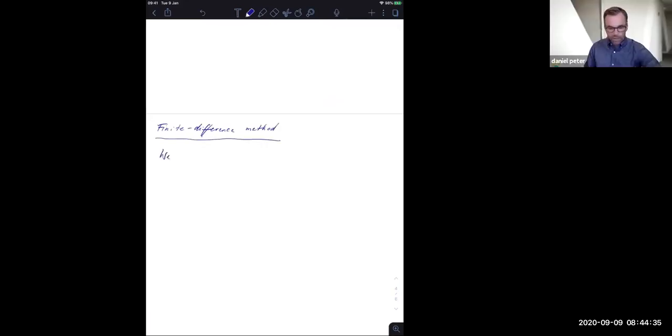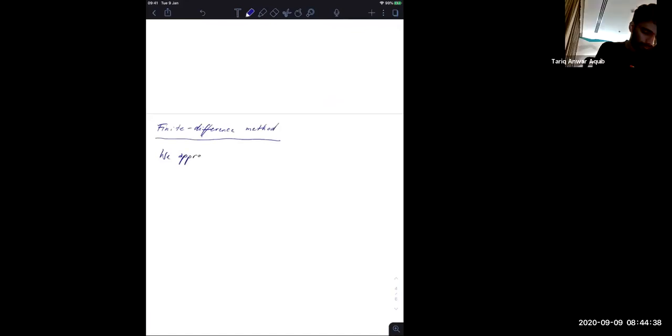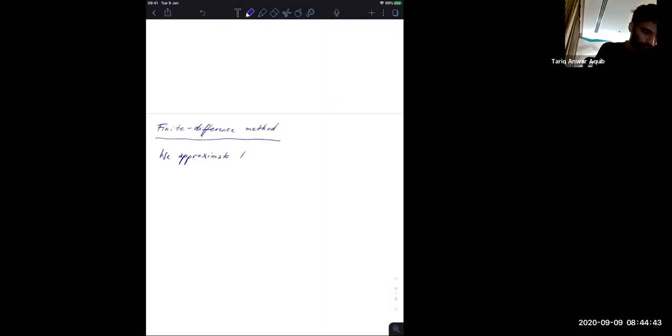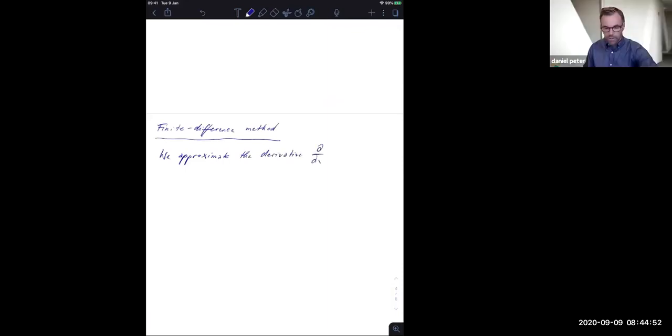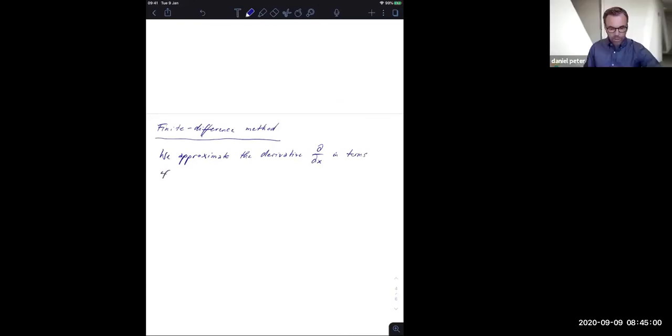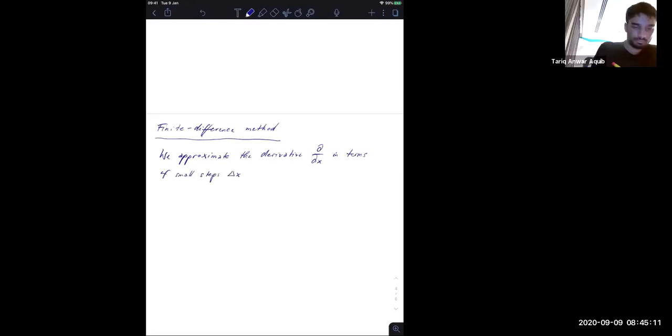And when we use the finite differences, then we approximate the derivative, let's say the spatial derivative, in terms of small steps in space, delta x, of a function f of x.